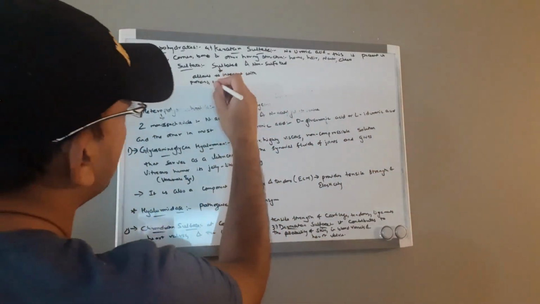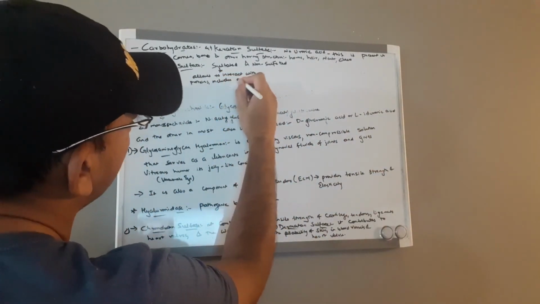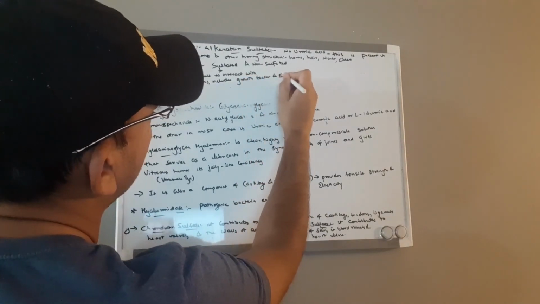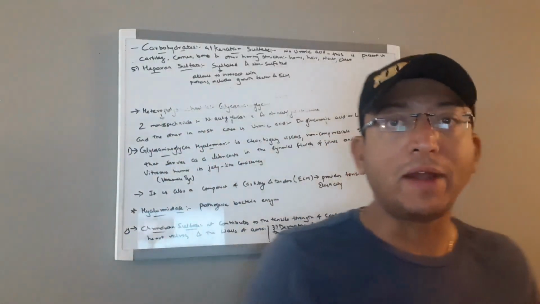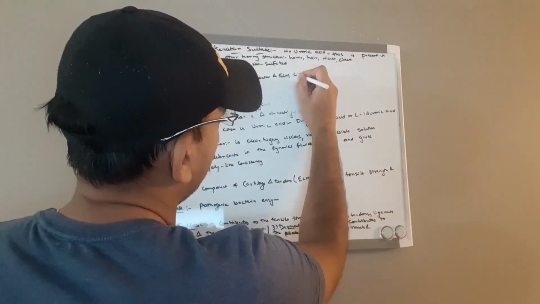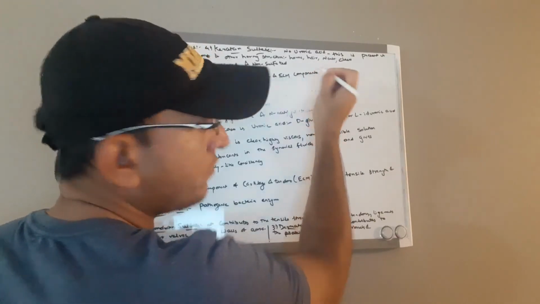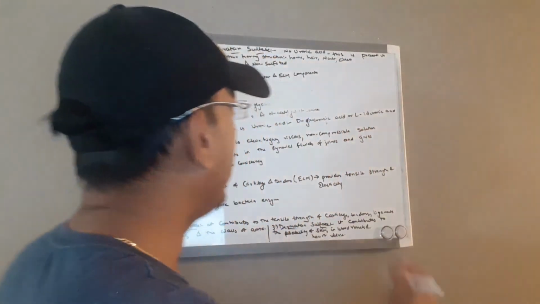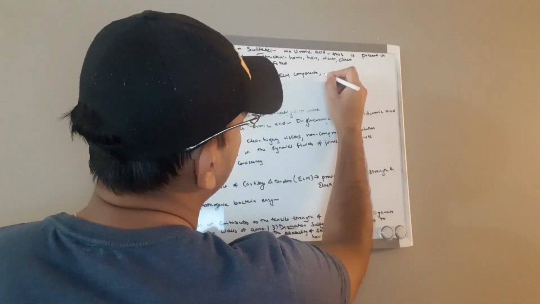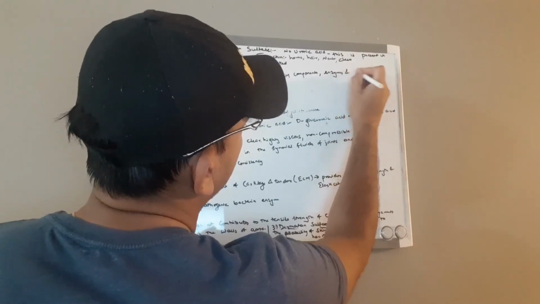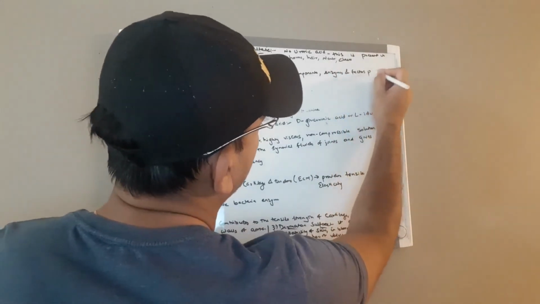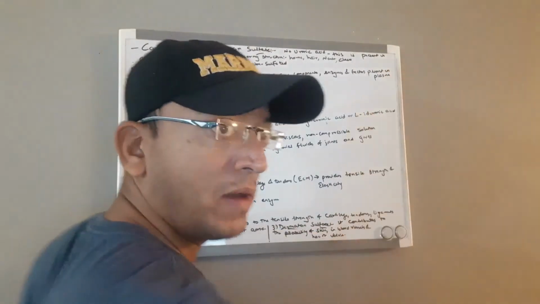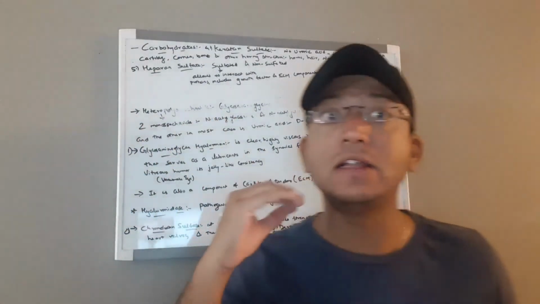That includes growth factors and ECM, that is extracellular matrix components, and also enzymes and factors present in plasma.